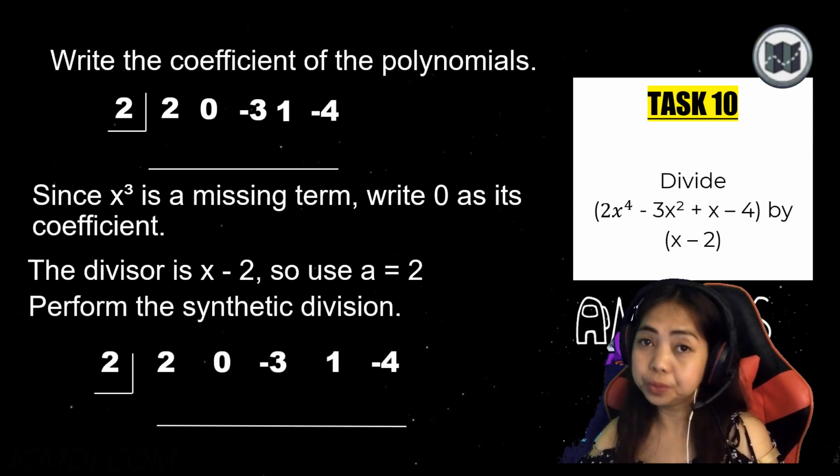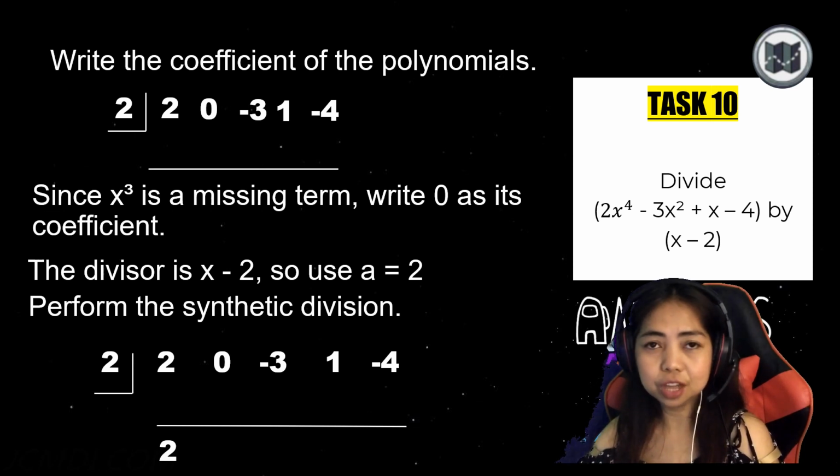And then, we have to perform the synthetic division. First, bring down natin yung first coefficient. Pagkatapos, we multiply. Multiply natin yung 2 times 2. Tapos, lalagay natin doon sa ilalim yung pangalawa ng coefficient, sa ilalim ng 0.